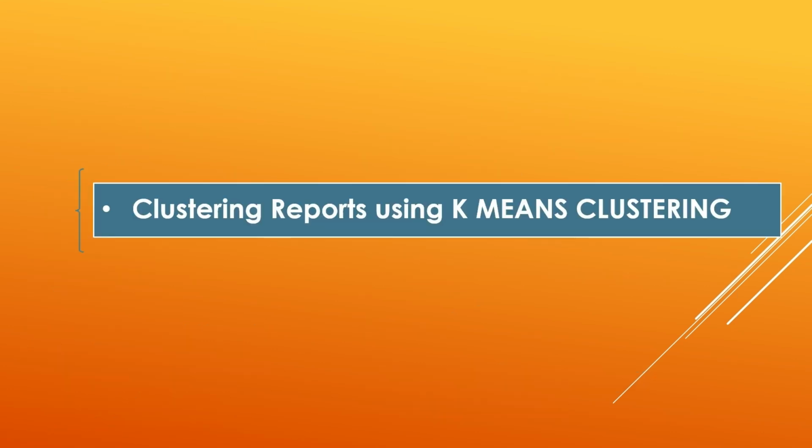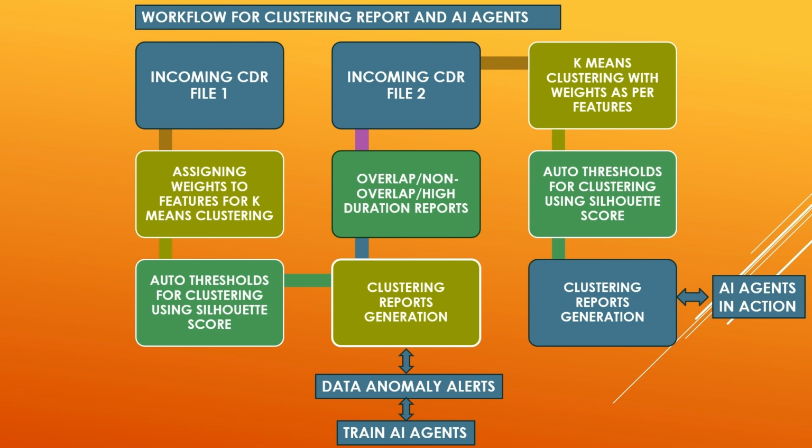Clustering reports use k-means clustering, an unsupervised machine learning algorithm. You can now see the workflow for a clustering report and AI agents. This is the workflow, and I have very intelligently designed the data pipelines for automation and report and alert generation. Firstly, as you can see in the presentation window, file one will come, that is the incoming call detail record file.